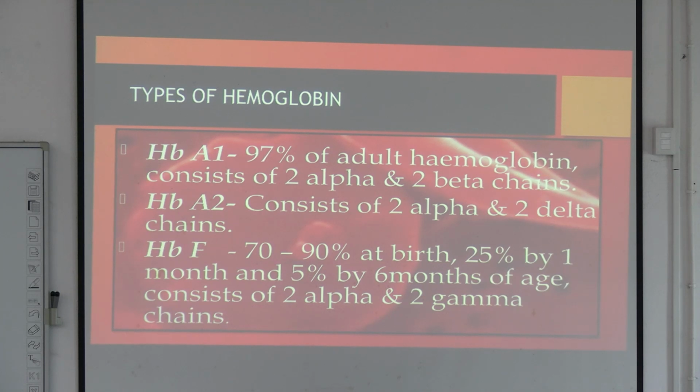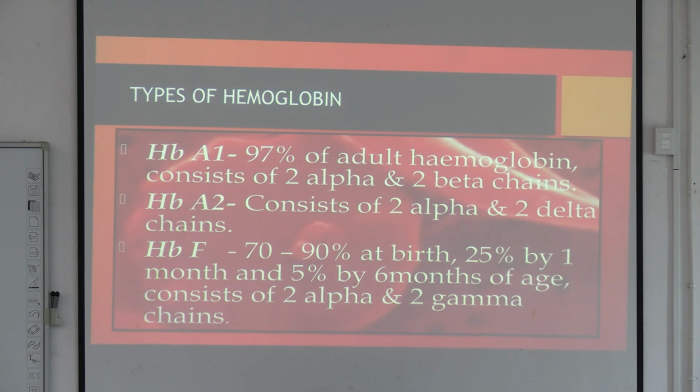Less than 3.5% is the normal hemoglobin A2, but in certain diseases like thalassemia, this A2 portion will be increased. In thalassemia carrier, hemoglobin A2 ranges between 4% and 9%.